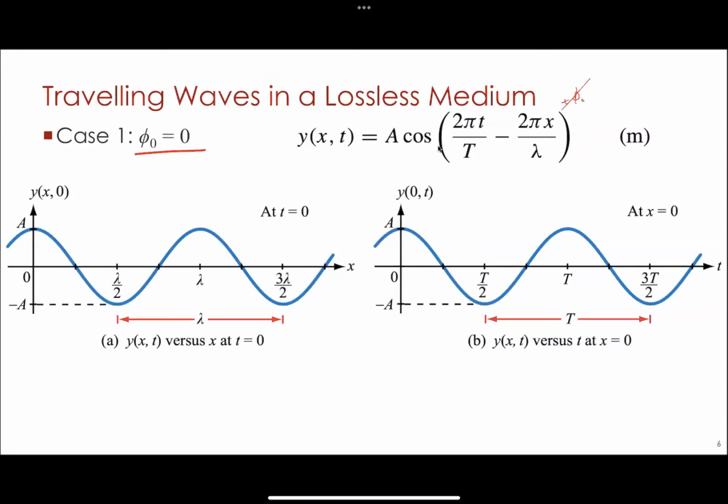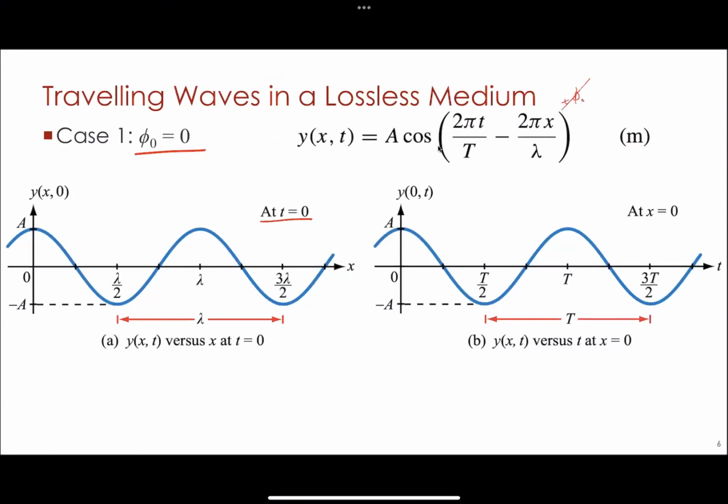So if you look at this blue wave on the left and the blue wave on the right, you'd say, well, those are identical. And they are, but they mean different things. So I want you to start thinking about things in terms of position and time. For instance, on the left, this is at time t equals 0.